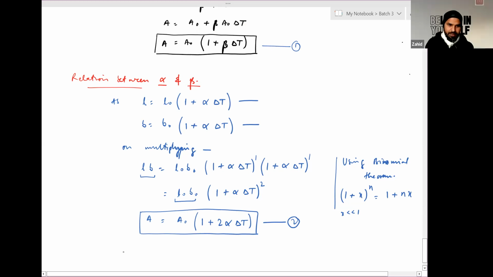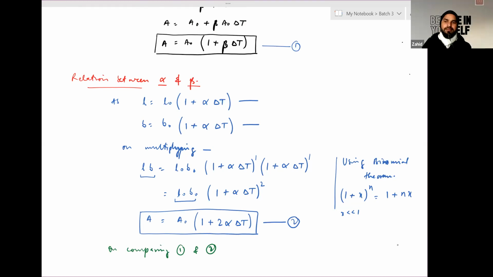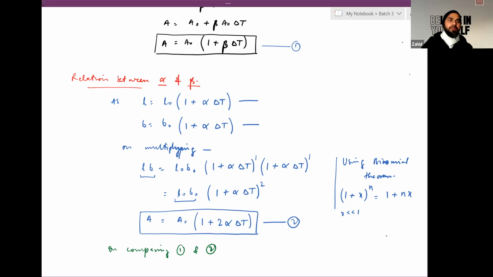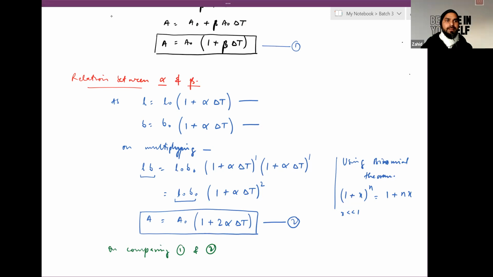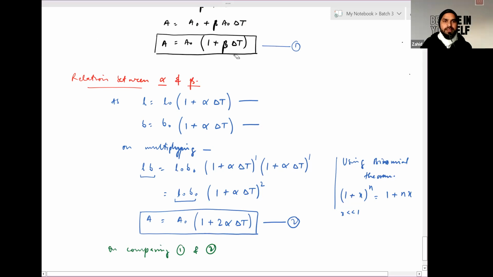Now, on comparing equation first and equation second, just compare these two equations and define, is there any relation between alpha and beta? Nida, try to compare this equation and this equation.